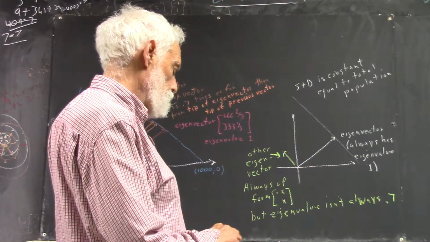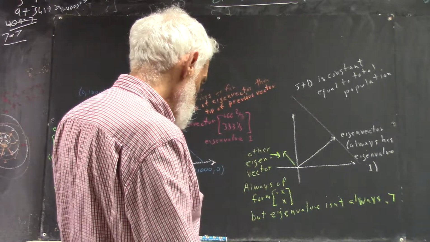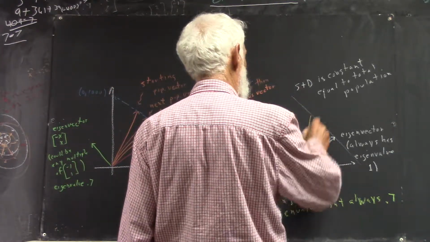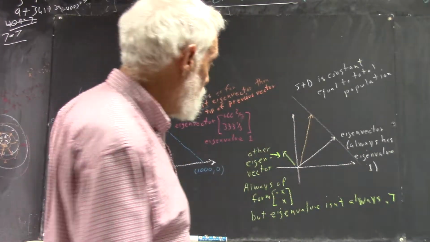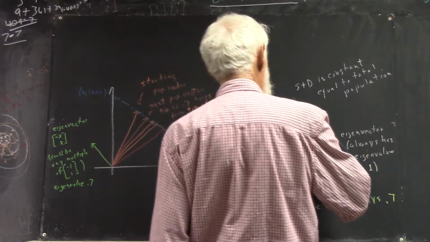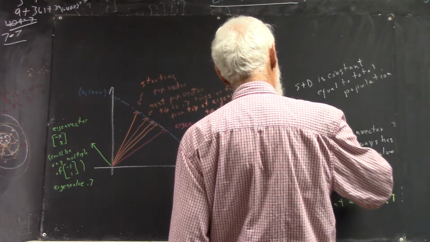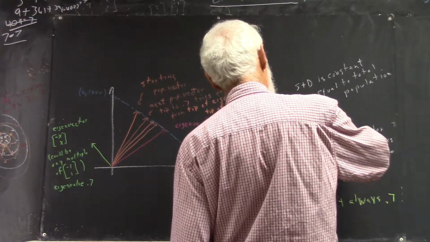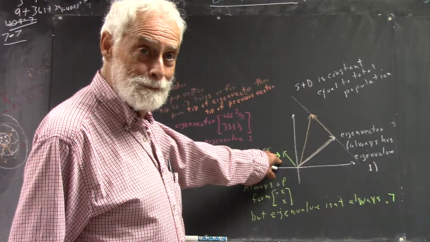Then you can do this. You can say that this population vector here is the sum of your eigenvector and some multiple of this eigenvector.